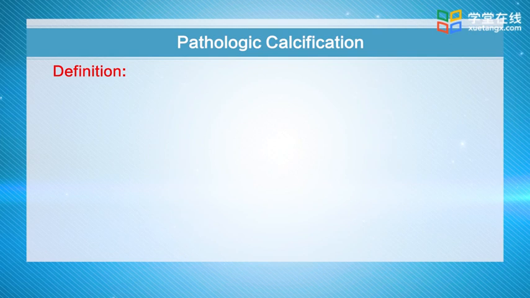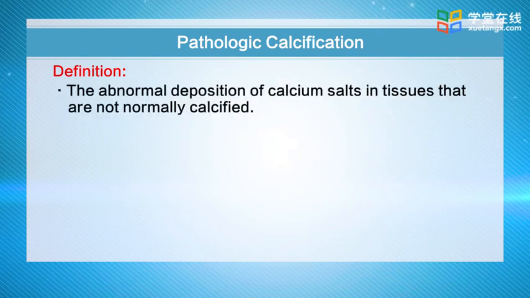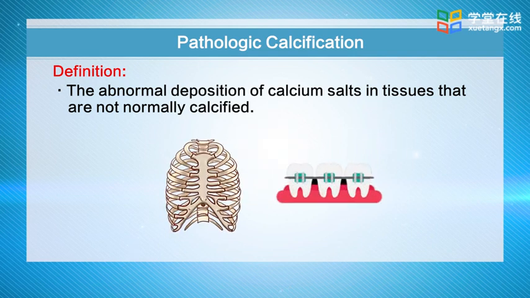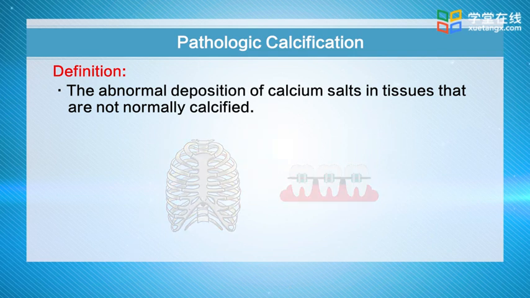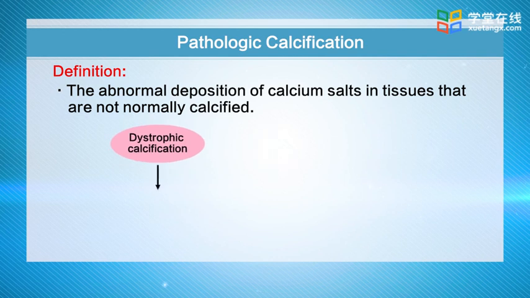Pathological calcification is defined as the abnormal deposition of calcium salts in tissues that are not normally calcified. Essentially, any tissue other than bones or teeth. Calcification is very common in injured or necrotic tissue, which we call dystrophic calcification.